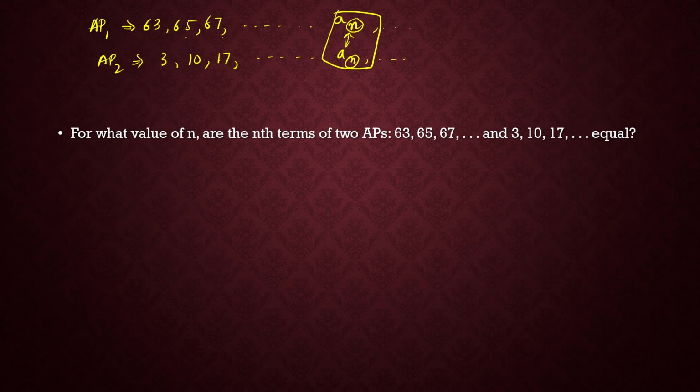So it's very simple. If I consider this, I can write an from the first AP1 is equal to an from AP2. What is the value of n? They have asked you to find out, right?